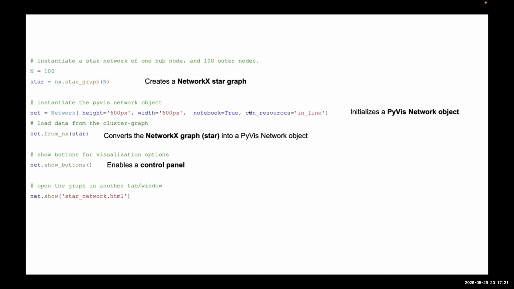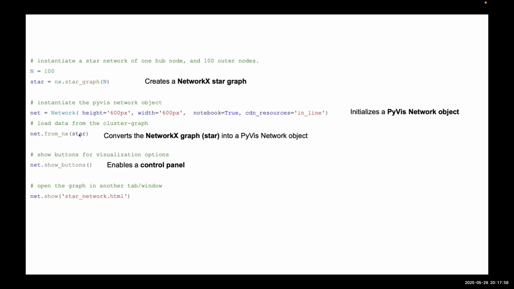Those are available in the content delivery network, CDN, and that is what CDN resources is. It has been set to inline, so it will generate the whole thing in that particular file. It will not get it from somewhere while loading. So now what happens is, from nx, from NetworkX, there is a function from_networkx.